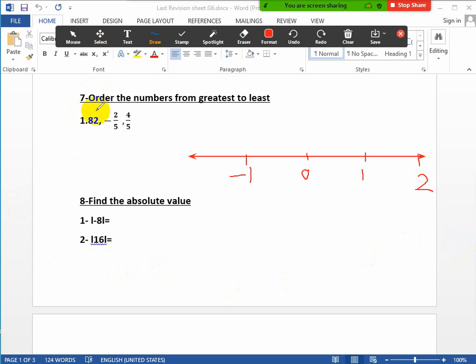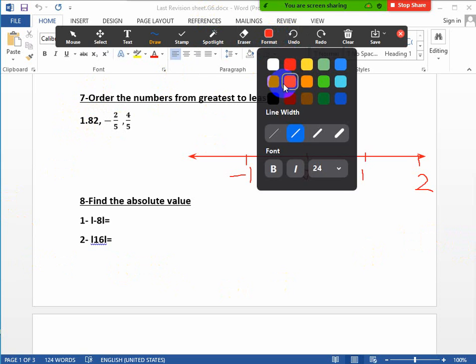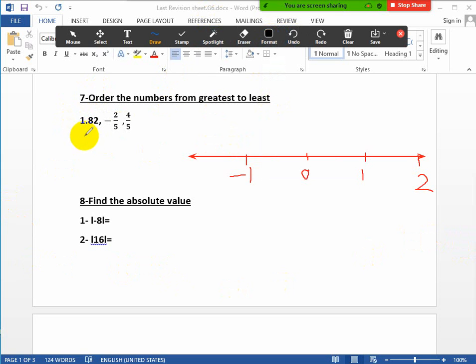Okay, I will locate the first number, which is 1.82. I want to order the numbers from the greatest to the least. The first one, 1.82. That means this is a decimal number, positive 1, that means on the right side of 0, between 1 and 2. Of course, to locate the number, I have to count after 1, 8 parts from 10 parts.